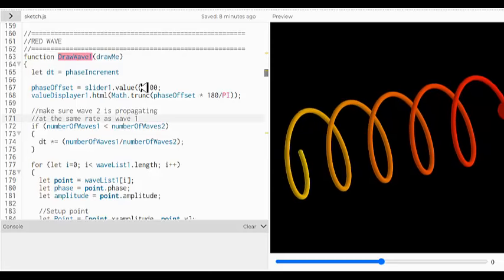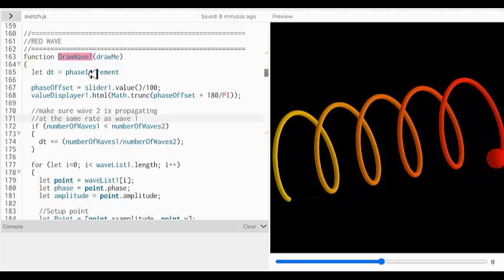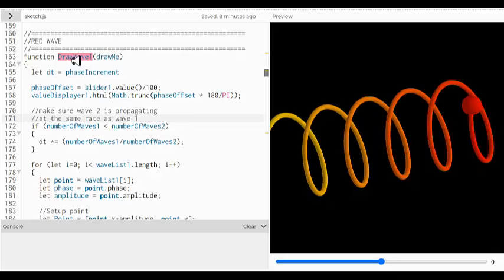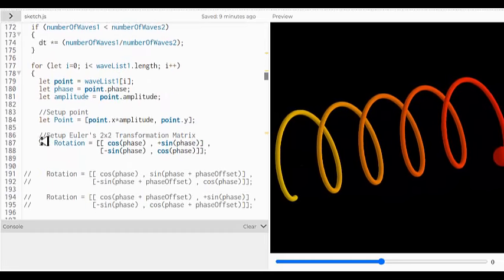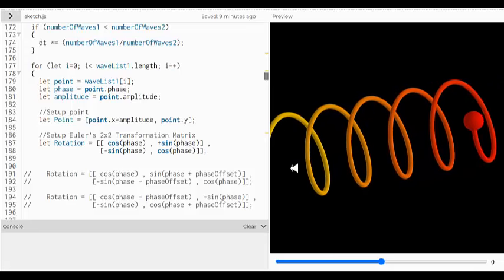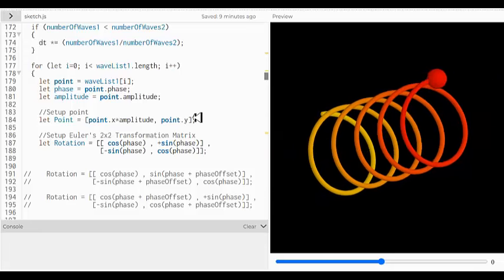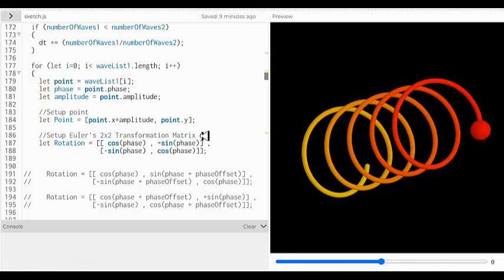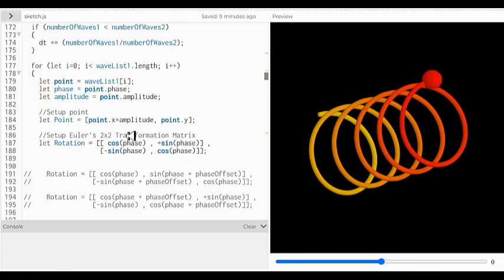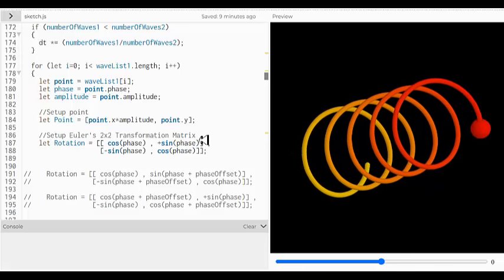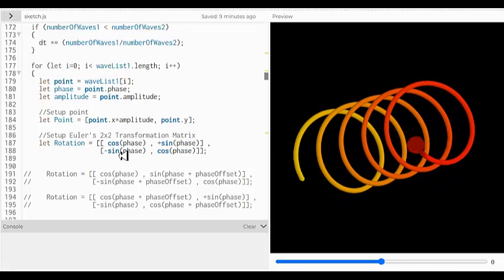Here is the code that I'm using to draw the red wave. This is draw wave 1. When we come down here, you will see that this is currently being driven by this rotation matrix, with the cosine of the phase of the wave on the forward diagonal and the sine of the phase of the wave on the backward diagonal.